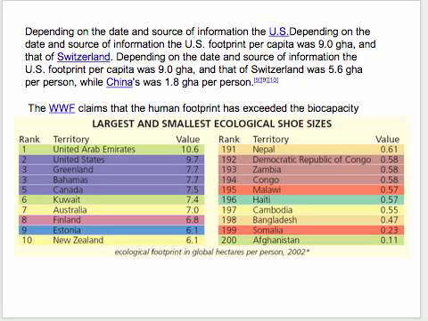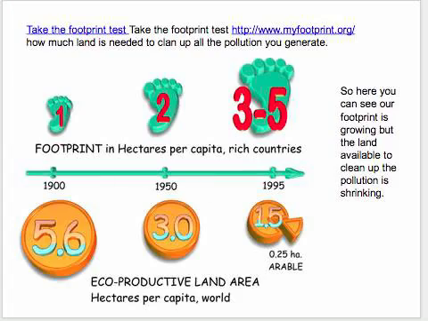There are absolutely huge variations, and you can see from this table here that per capita becomes more important, per person becomes more important than the total consumption for the country. We can see here that the UAE is at 10.6. Remember, you only get 1.8 each. That compares to Afghanistan, which is 0.11.